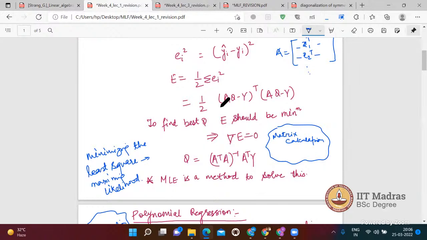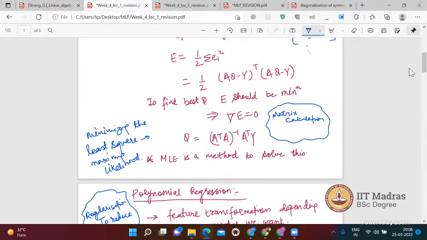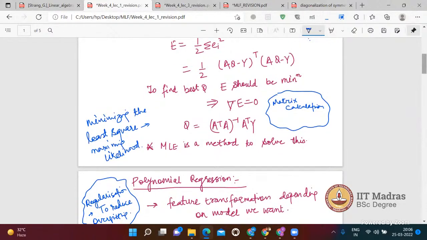We come to the conclusion theta equals A transpose A inverse A transpose Y. You just have to do a simple matrix calculation, and then you can get the weights. This is a simple model to build a linear regression model, because we are taking the data set in the form of first degree only.